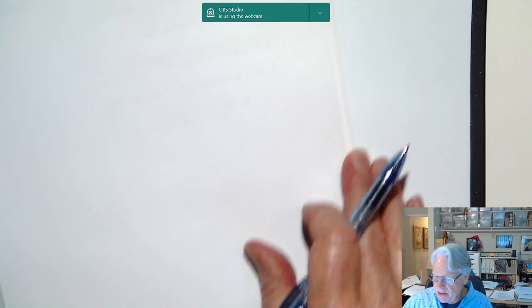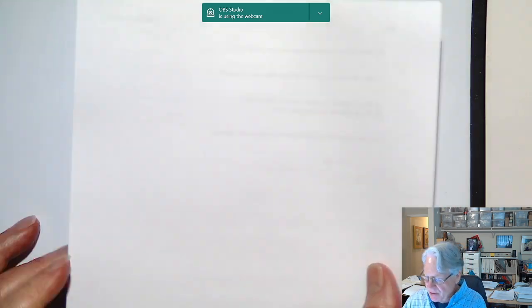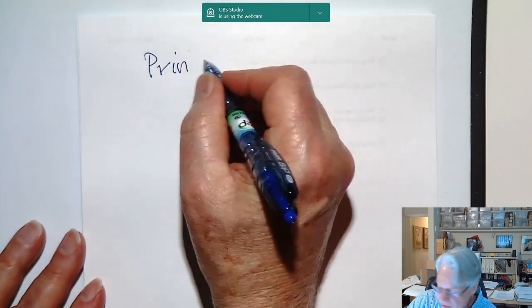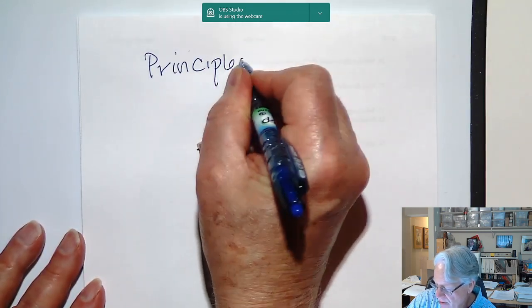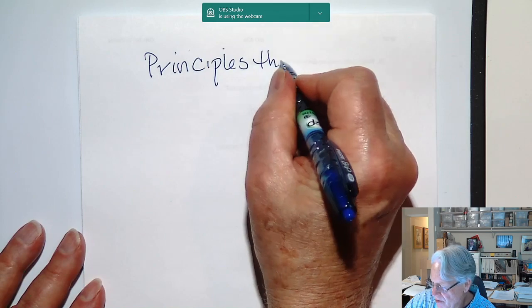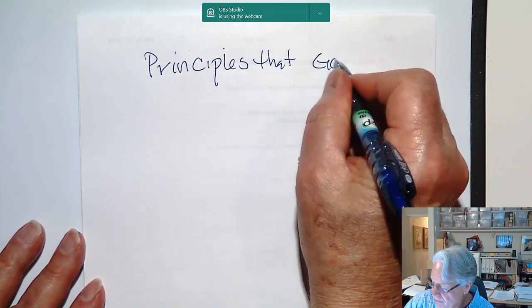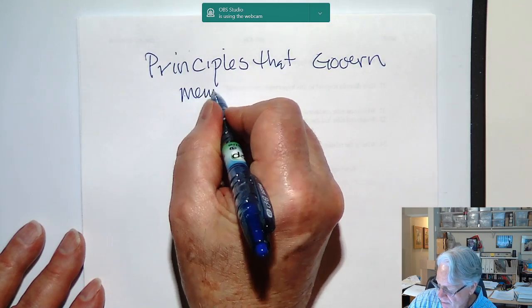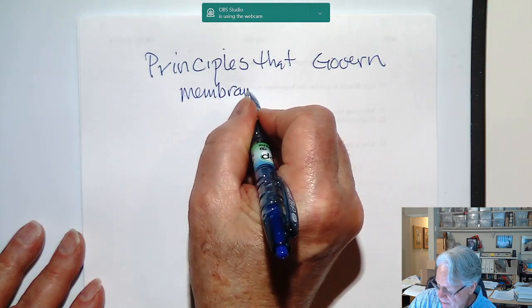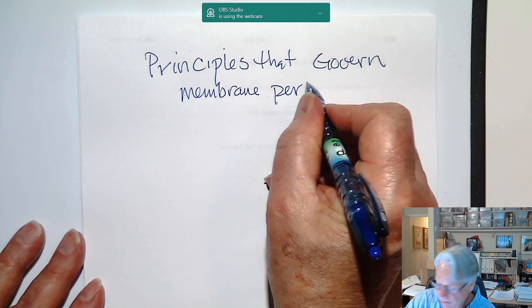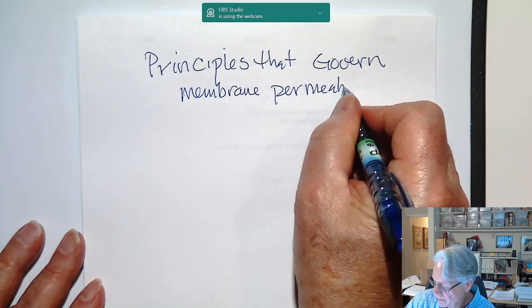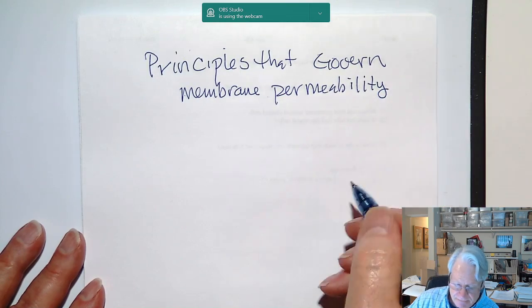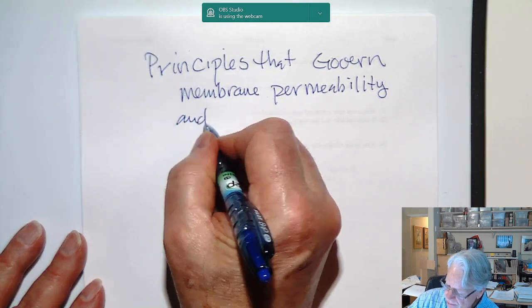So let's go ahead and we will title this portion of our notes Principles that govern membrane permeability and transport.